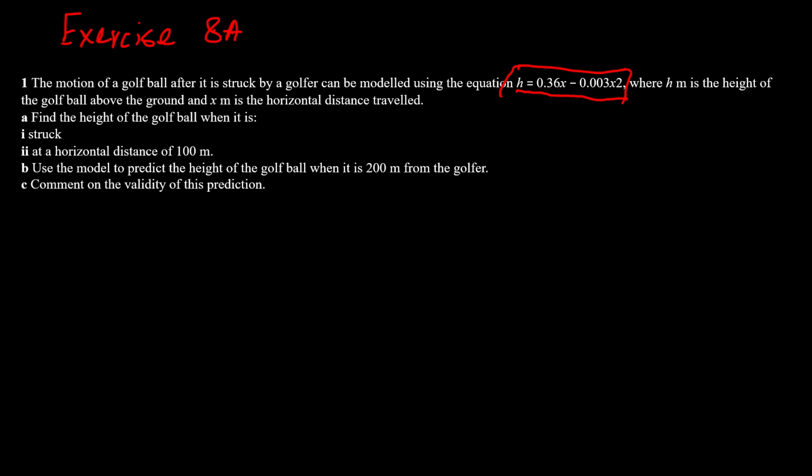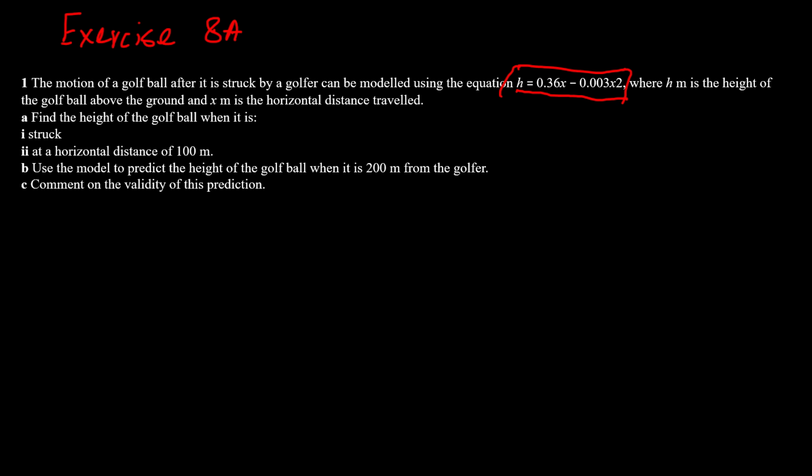At the instant when the golf ball is hit by the golfer, the distance of the golf ball from the golfer is 0. Essentially, x = 0. So this can be very easily solved. We just have to put 0 in place of x and we will get the height.